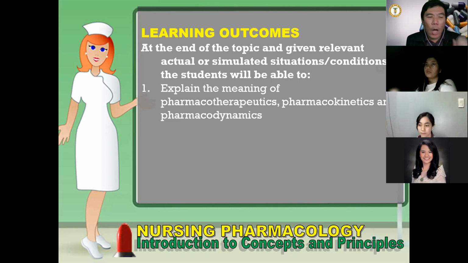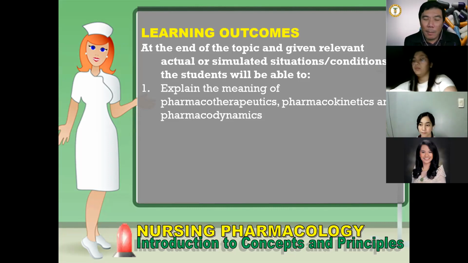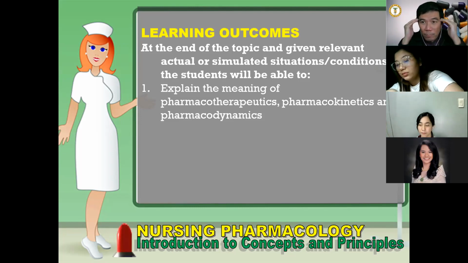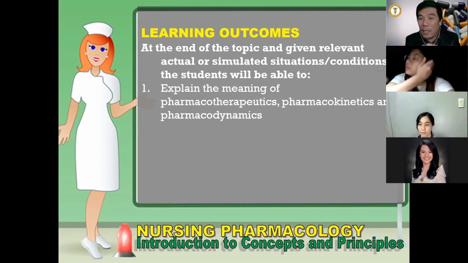Question, sir. How about if the person is having a kidney problem? If the person is having a kidney problem, remember what Sir Miranda mentioned, that there are two major organs that are very important when it comes to pharmacokinetics: the liver and the kidney.